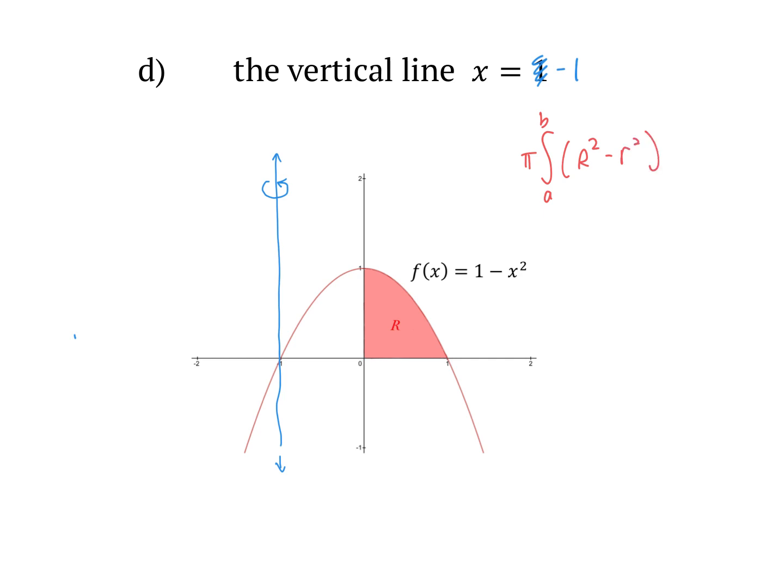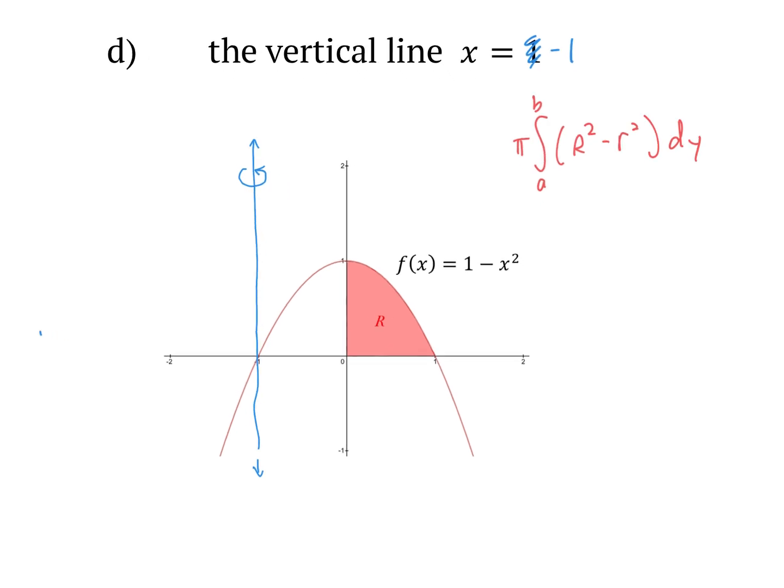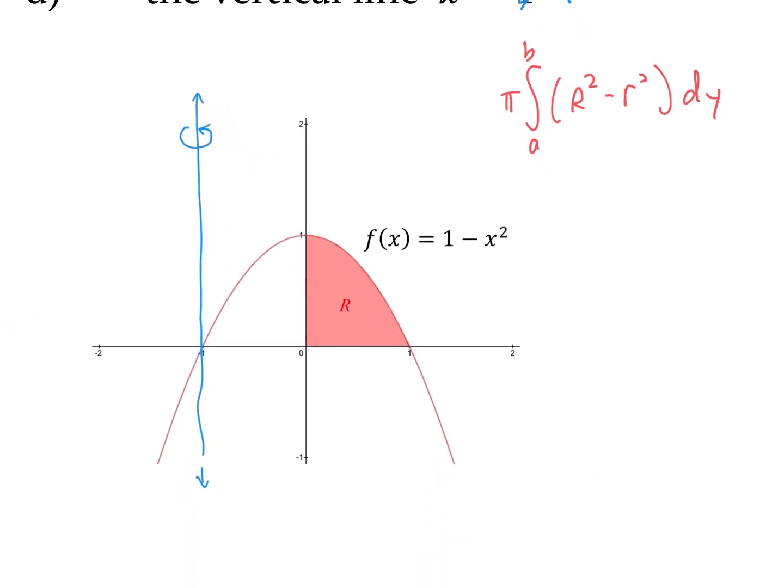And then since we're rotating it around something parallel to the y-axis, this will be in terms of y. So when you rotate this, if you think about it, this whole thing's getting rotated, so this would be the outer part, and this would be the inner part. And so we need this outer radius, and then the inner radius.